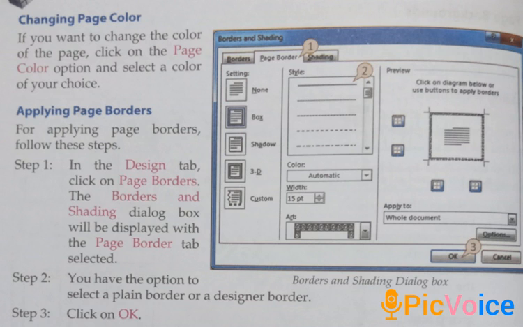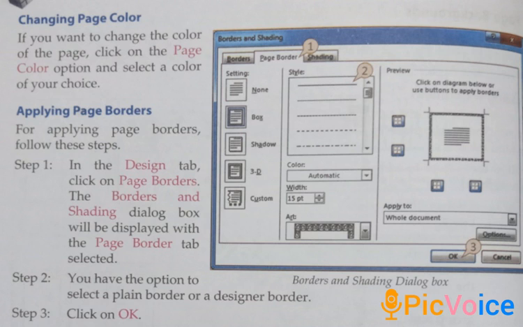Then applying page borders. Suppose we want to apply the border to the page, then we have to follow 3 steps. Step 1 is click on the page borders from the Design tab. Then Borders and Shading dialog box will be displayed with the Page Border tab selected.